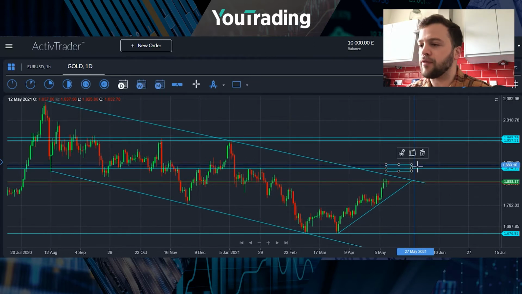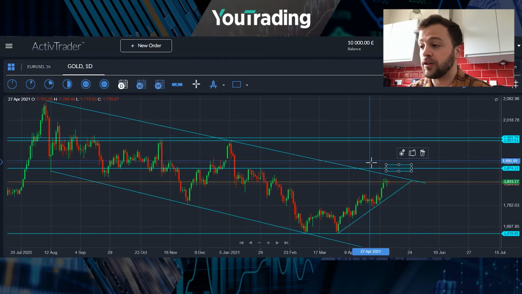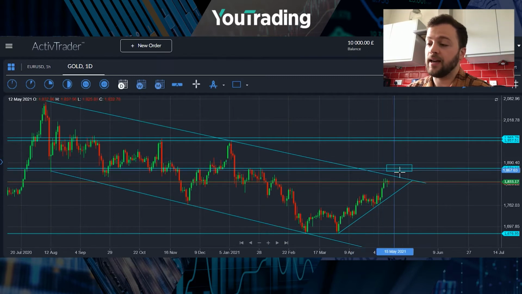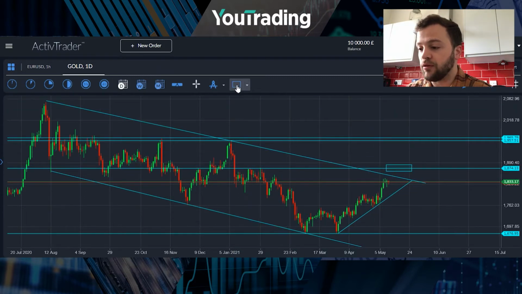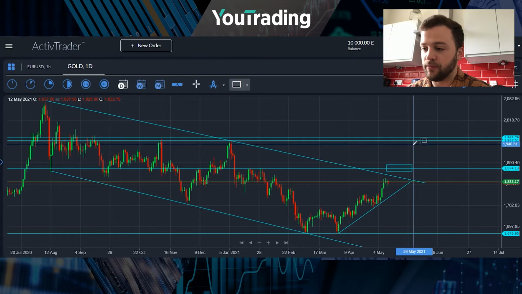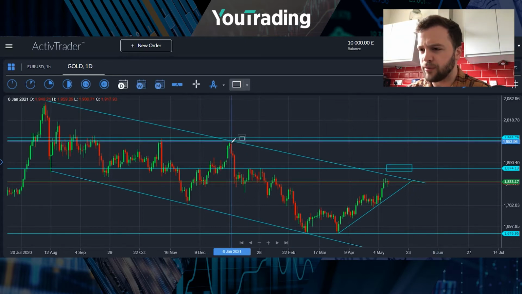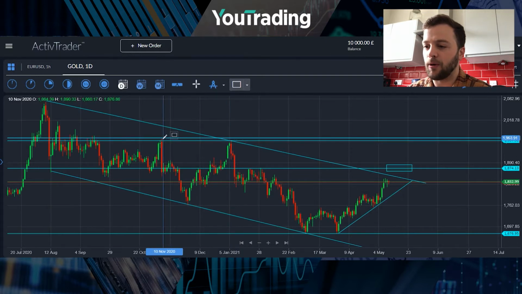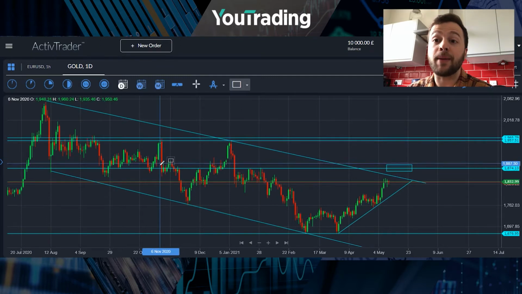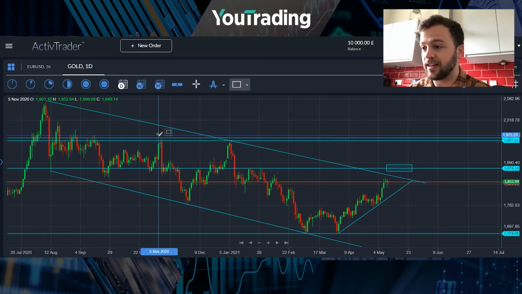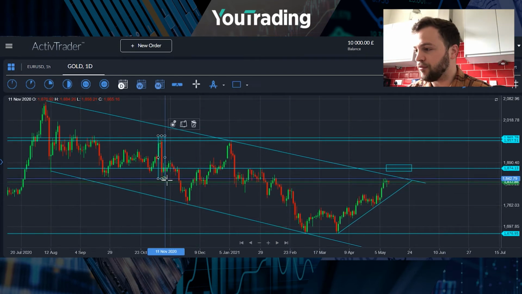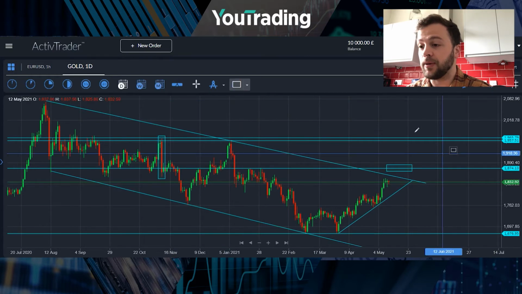If we can break above that and break above the 1900 level, which itself will be a key level to watch, then you've got the annual high from this year, which is just above 1950, and also a high from last November as well. That's the big steep daily drop over here, by the way. That was when the news came out that the coronavirus vaccines were effective. So potentially, if we start clearing all of this, we could be getting back to that.